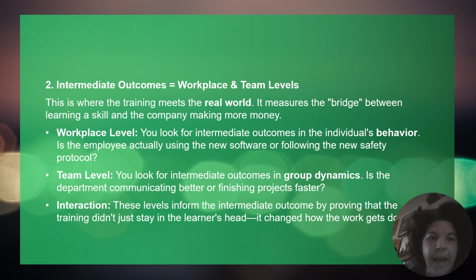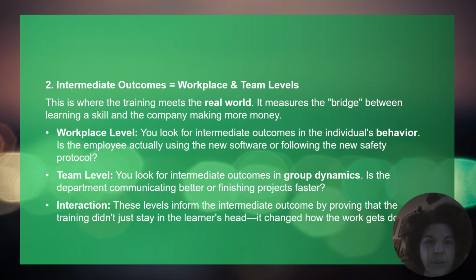When you look at the intermediate outcomes, which is the workplace and the team levels, this is where the training meets the real world. It measures the bridge between learning a skill and the company making more money, or the bottom line. At the workplace level, you look at intermediate outcomes in the individual's behavior. Is the employee actually using a new software or following a new safety protocol, for example?